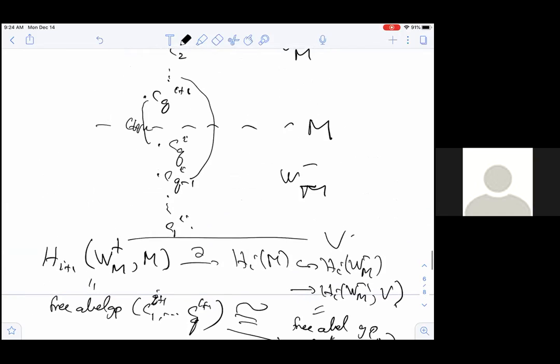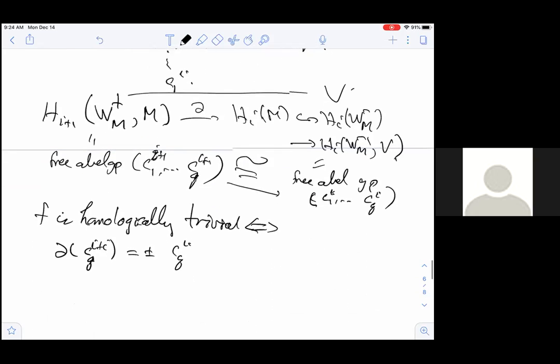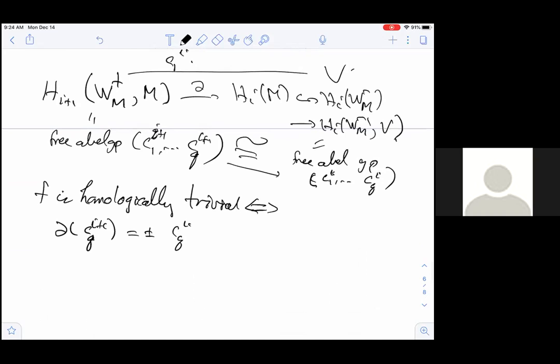So the bottom critical point of index i+1 homologically cancels the top critical point of index i. The boundary of C_{q-1}^{i+1} equals plus or minus C_{q-1}^i modulo the previous C_q^i.